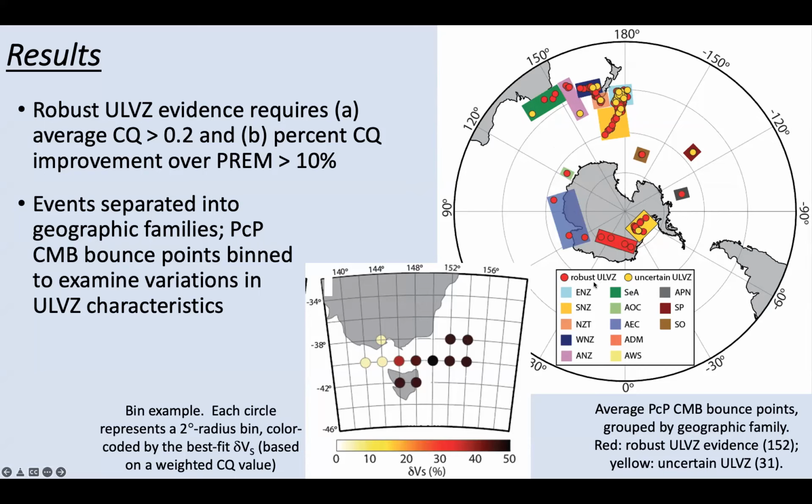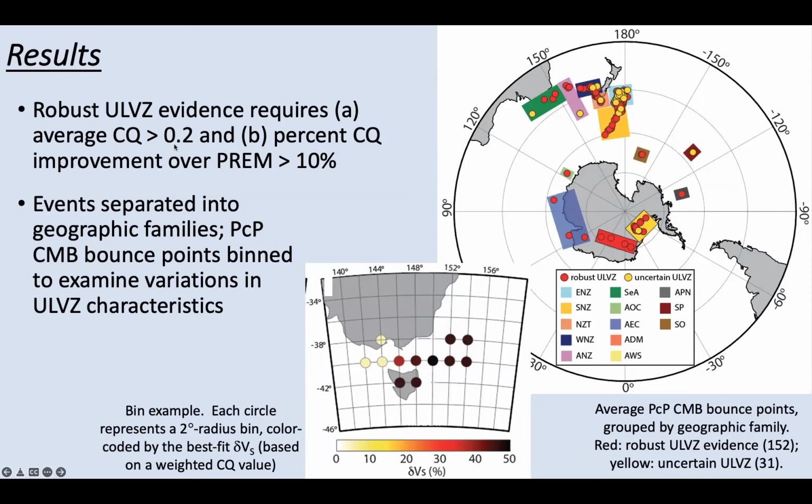If the dot is red, it was interpreted as having robust ULVZ evidence. And to do that, we enforced a couple of criteria. Specifically, in order to robustly show ULVZ structure, we required an average CQ value bigger than 0.2.